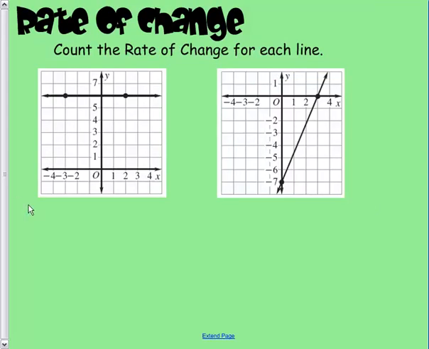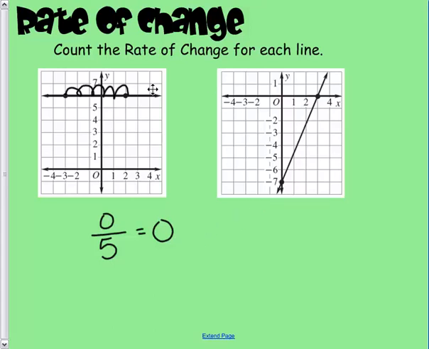Okay, so let's look at these two. Count the rate of change for each one. It's going up? No. It's going down? No. So if I look at the rise over the run, it's not increasing or decreasing anything. So that's 0. But it is running 1, 2, 3, 4, 5. And if I have nothing and I divide it by 5 people, everybody gets nothing. So this rate of change is actually 0.